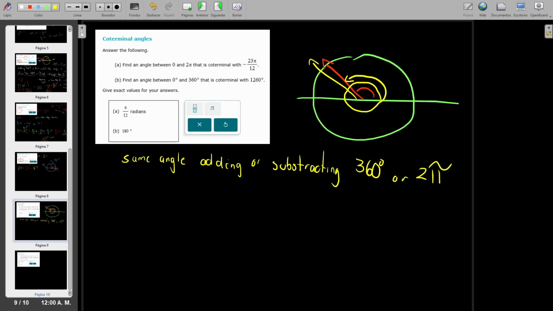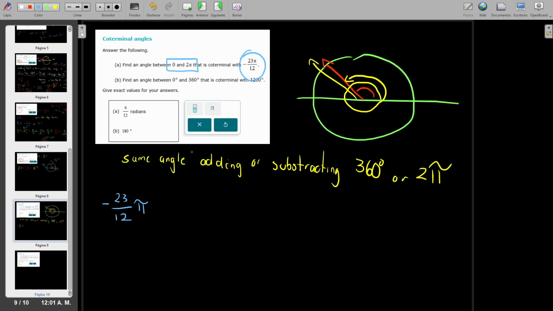This is going to be our value. The first angle they're giving us is minus 23 over 12 pi. But they are asking for it to be between 0 and 2 pi.